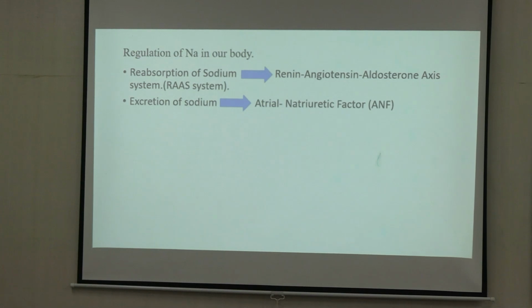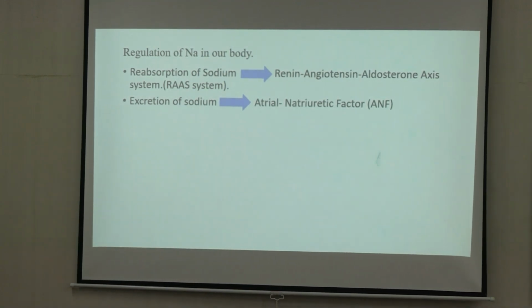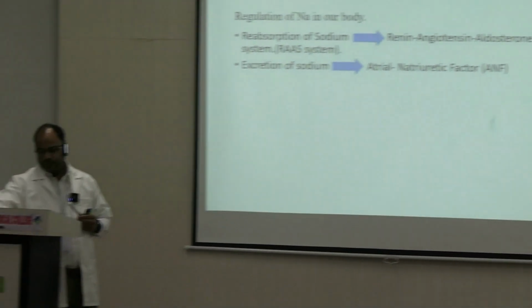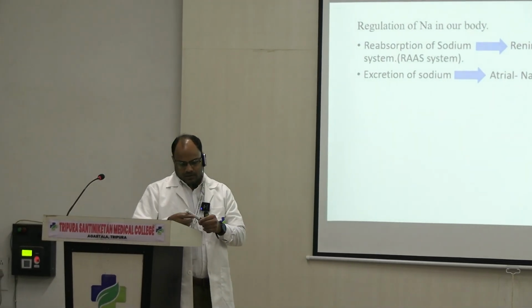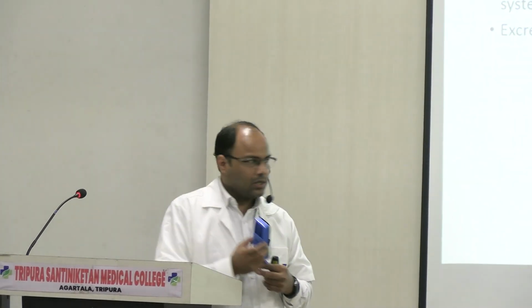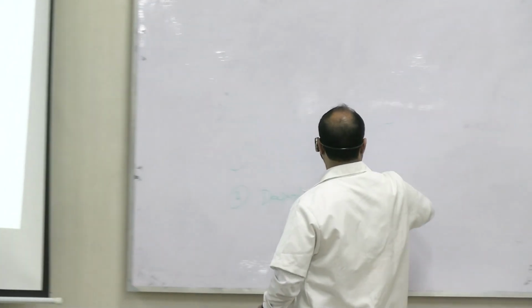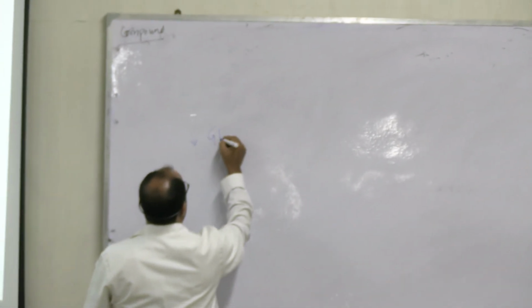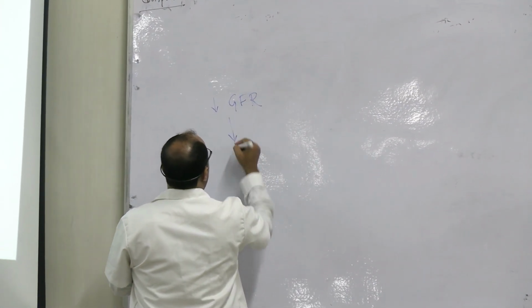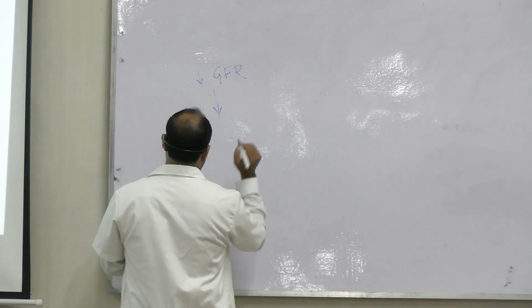Regulation of sodium in our body. So remember this very important RAAS system. So how does the RAAS system work? When there is less blood flow in the kidney, decreasing GFR, anyway, if our body suffers blood loss or volume loss, there is activation of cells present in the nephrons.